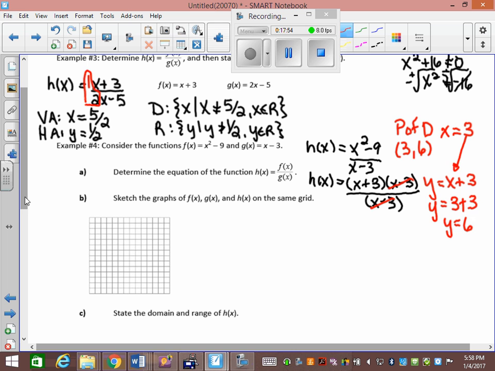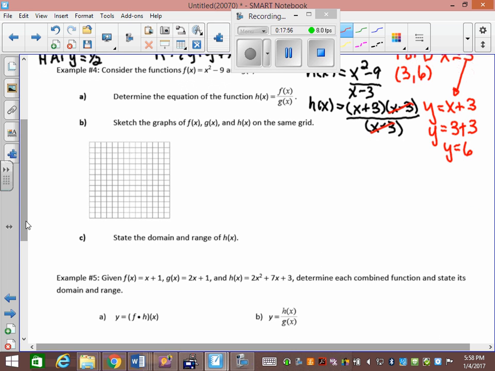So our domain and range are easy. I'm going to go to those first. The domain for h of x is going to be x such that x can't equal 3, x a real number. And the range is going to be y such that y can't equal 6.